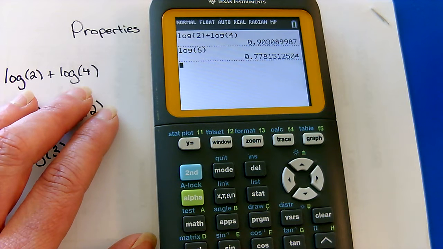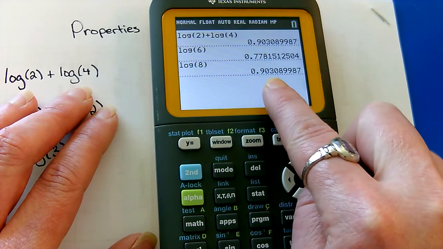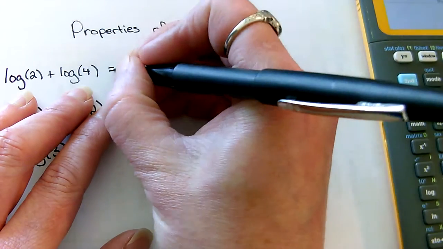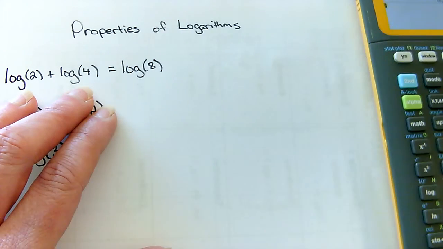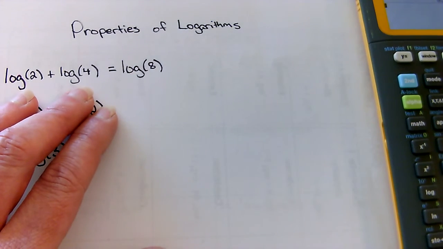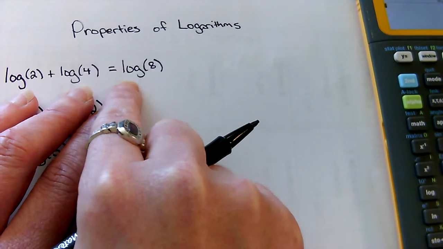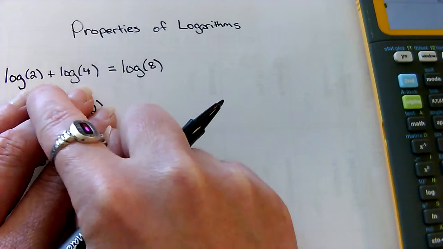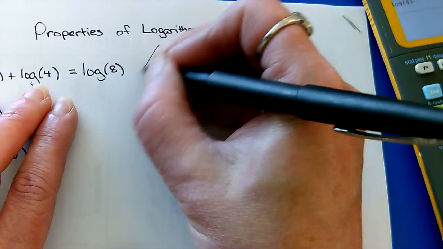So log of 2 plus log of 4 actually equals log of 8. Which is now one term. We've simplified it into one term. So there's times where we want to condense, that's going this way, and sometimes we want to separate it out. Let's do another example using this property.